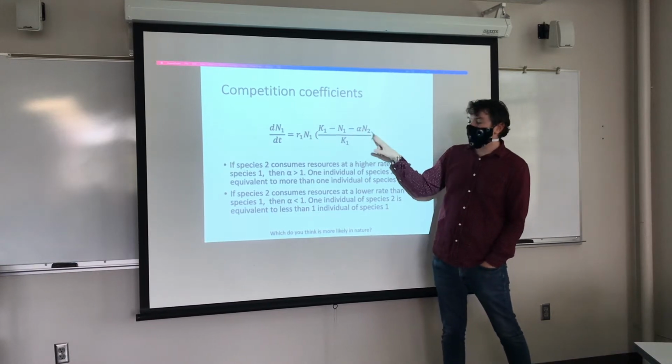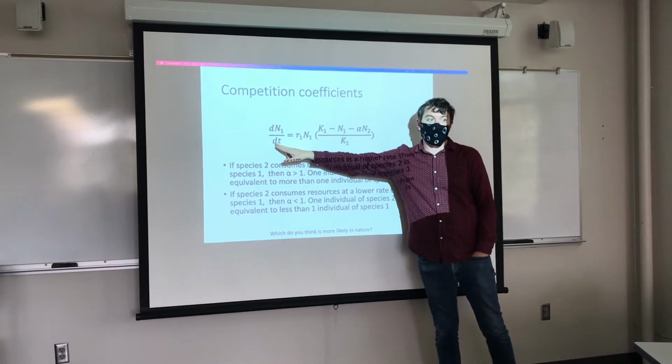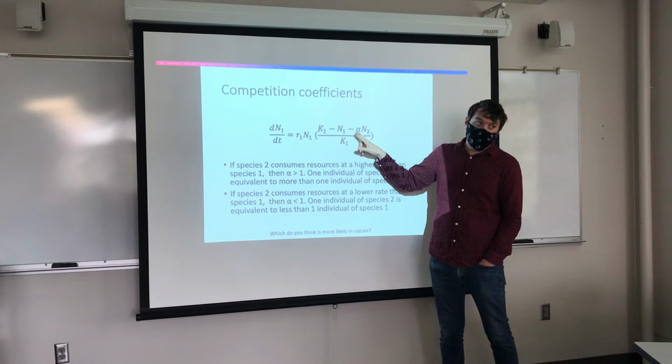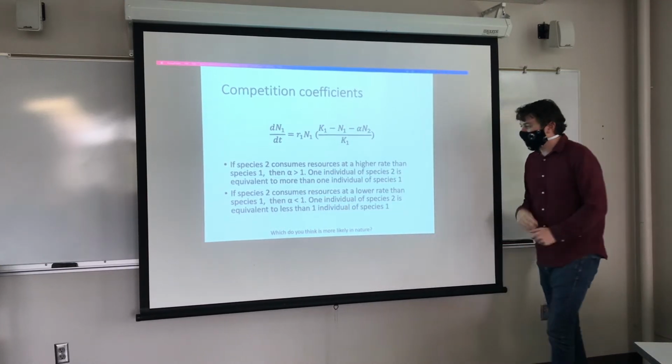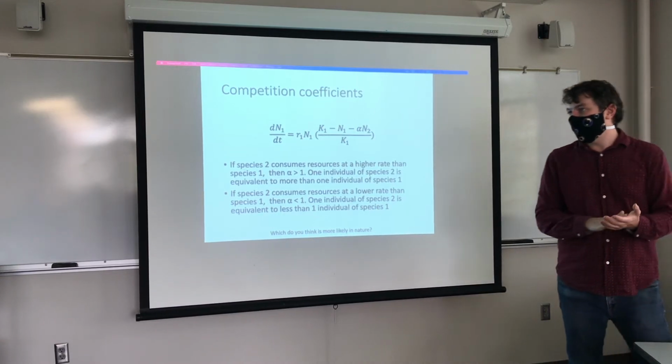The effect of an individual of species 2 is going to be really strong, negatively affecting growth of species 1, because you're multiplying this one individual times something greater than 1, 1.2. If you've got a big animal and a small animal and they're competing, imagine, what's a good example here?